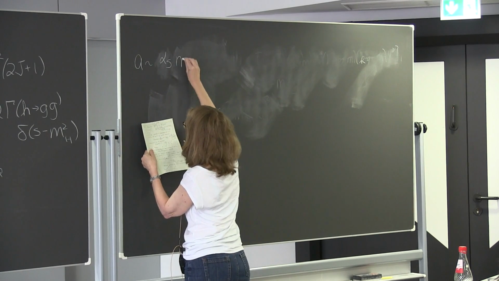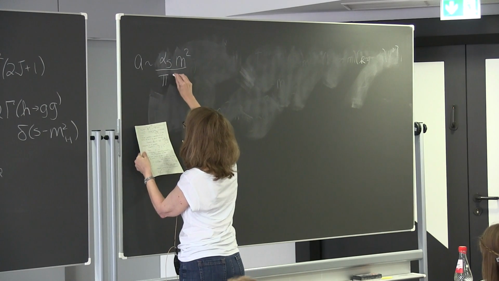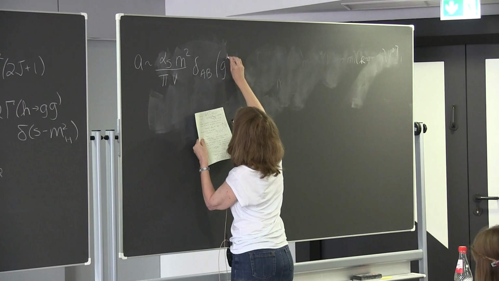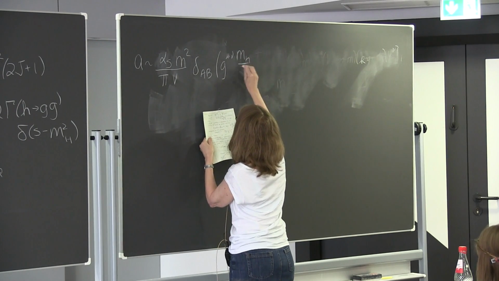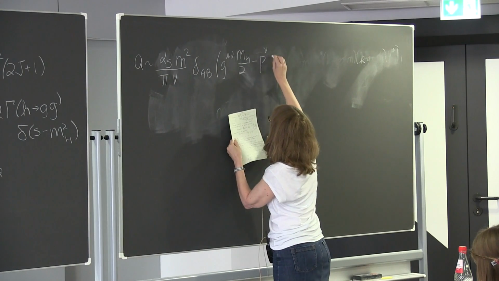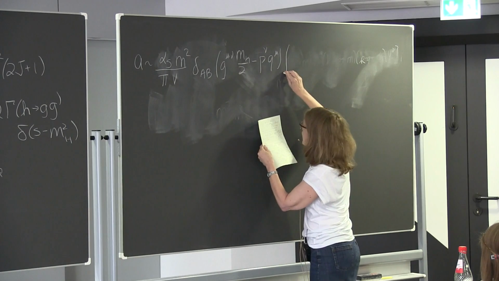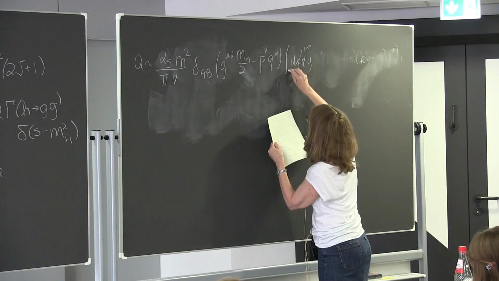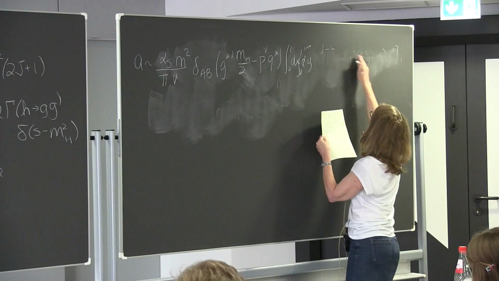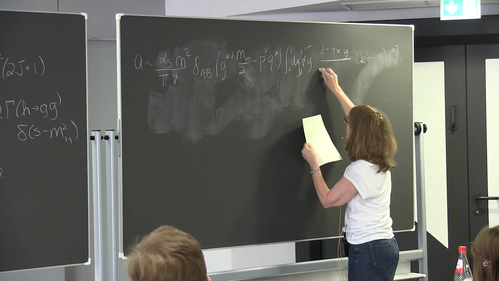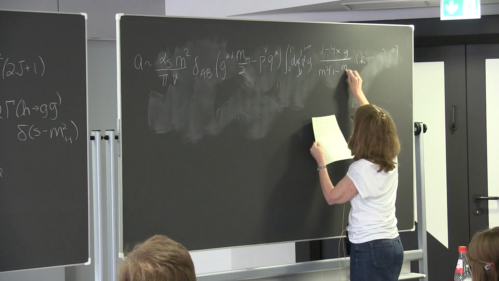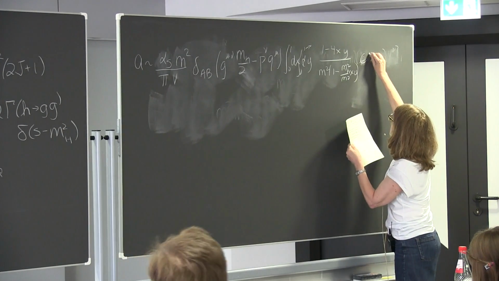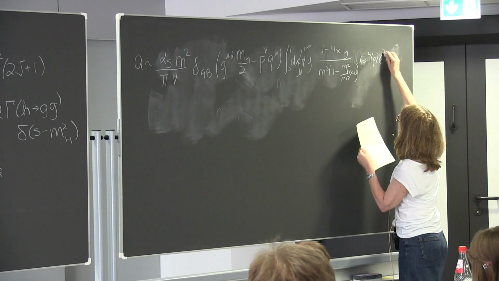It's alpha s m squared over pi v, delta AB, the gluon colors are the same, times (g mu nu mh squared over 2 minus p nu q mu), times the integral dx dy, where these are Feynman parameters, x from 0 to 1, y from 0 to 1 minus x, of (1 minus 4xy) over m squared times (1 minus mh squared over m squared xy), epsilon mu of p, epsilon nu of q.